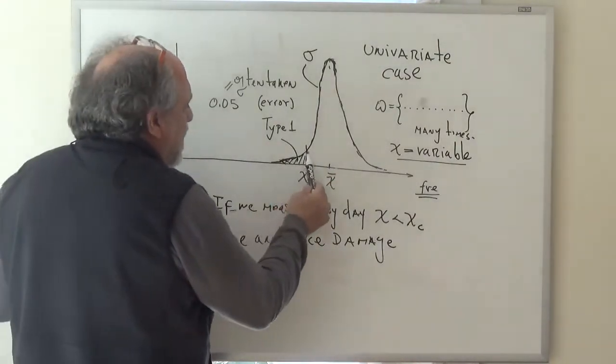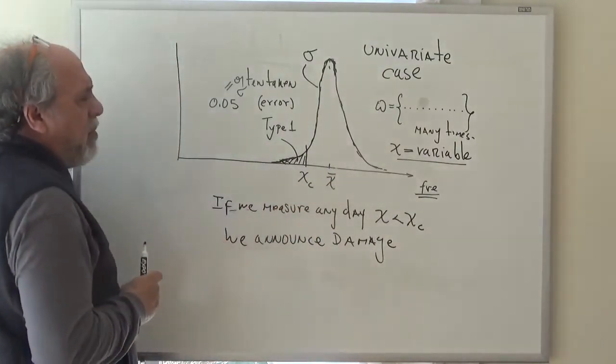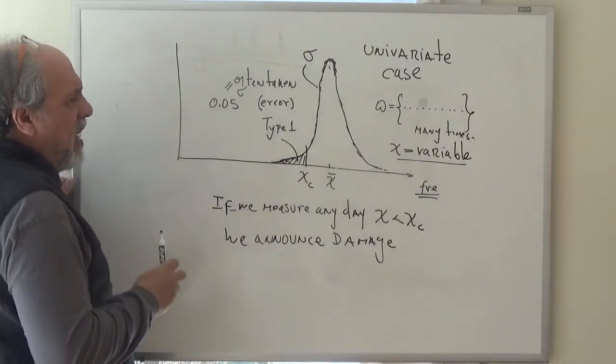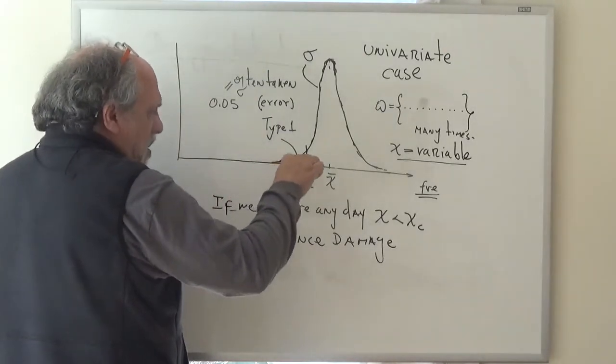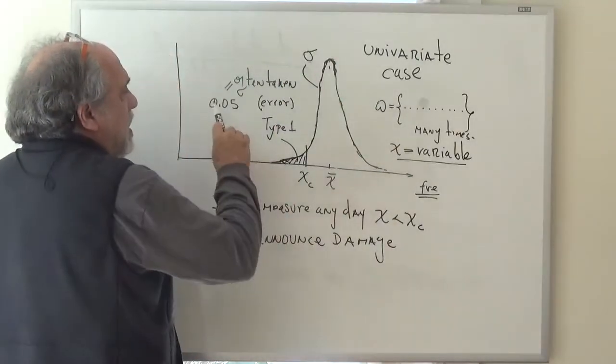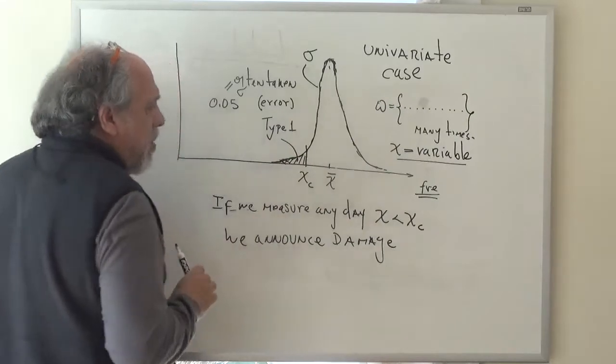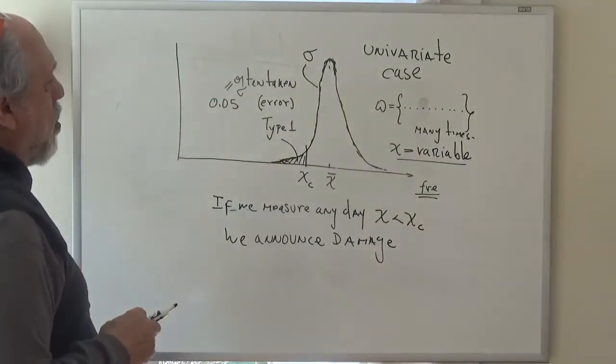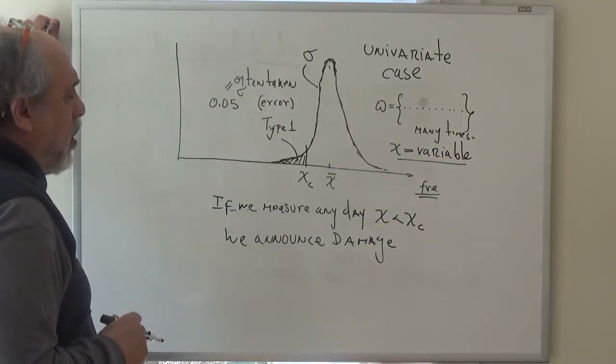Now, if this is 5%, what that means is that the probability that we get a value in this range, even though there is no damage, is 5%, or the type 1 error, right? So the type 1 error is called the false positives.